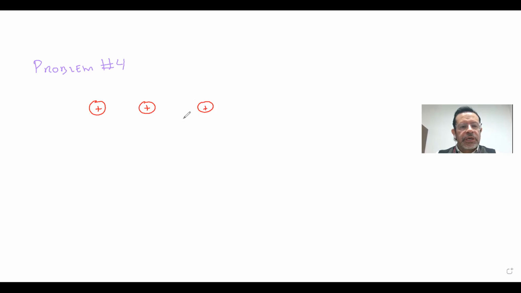The first charge is 10 microcoulombs. The second is minus 50 microcoulombs. We might not get to finish up this problem now, but if not, we'll finish it up next class. So Q1 is 10 microcoulombs.